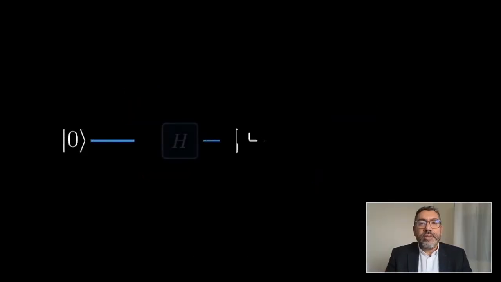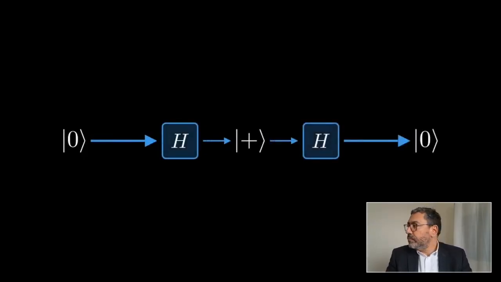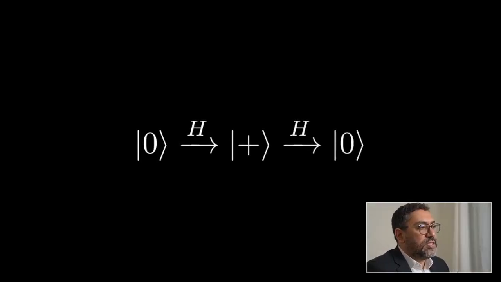Now watch what happens if we apply Hadamard twice. Hadamard on 0 gives plus. Hadamard on plus gives 0 again.